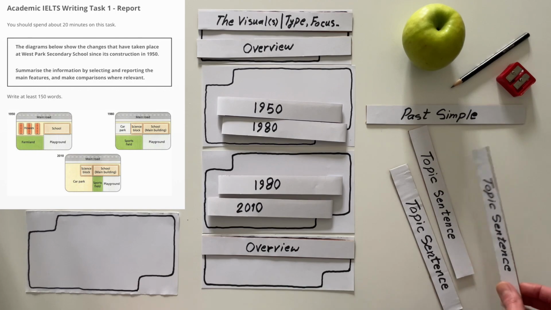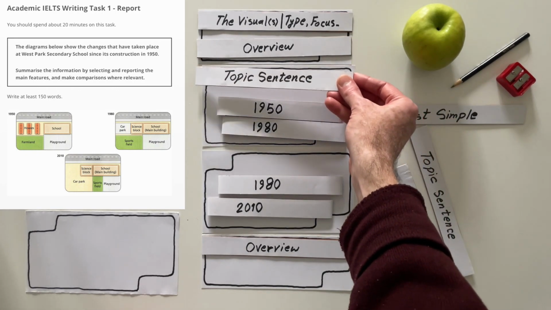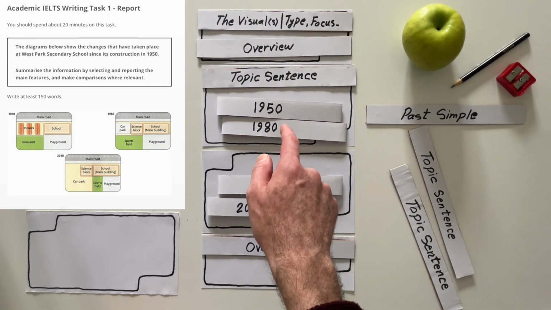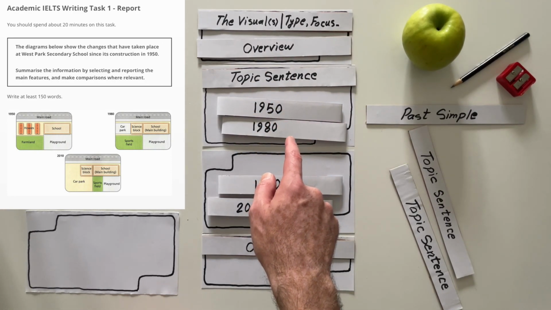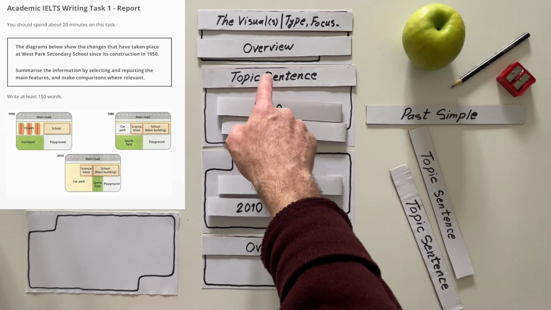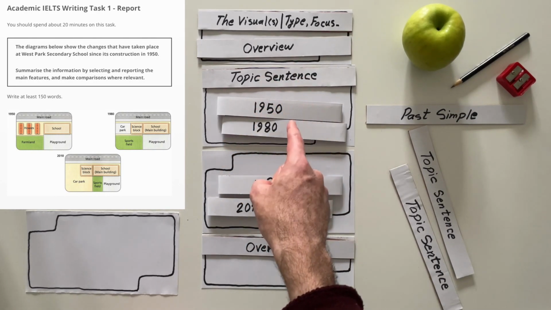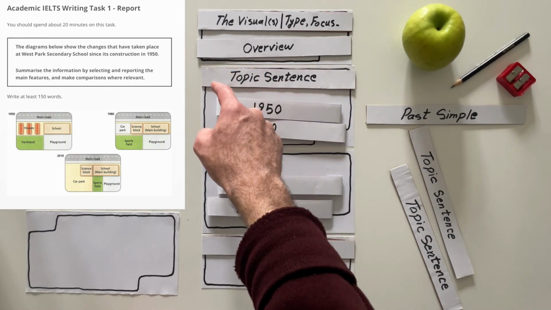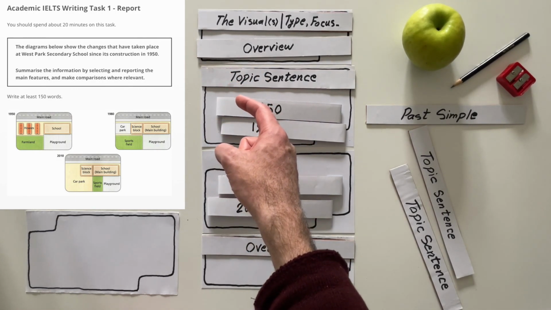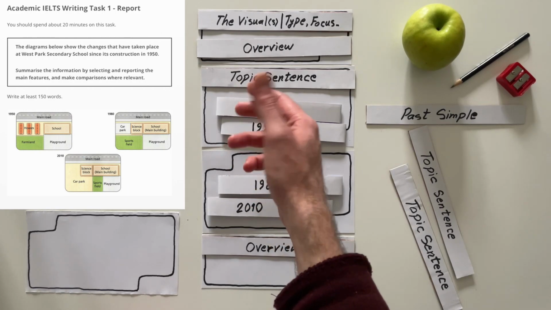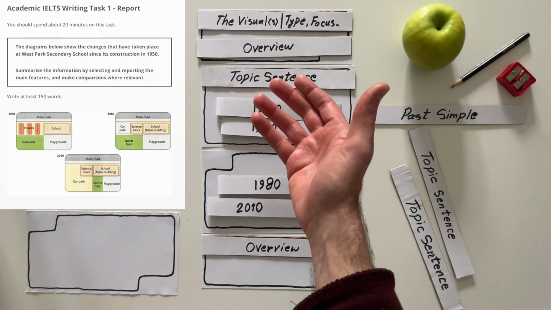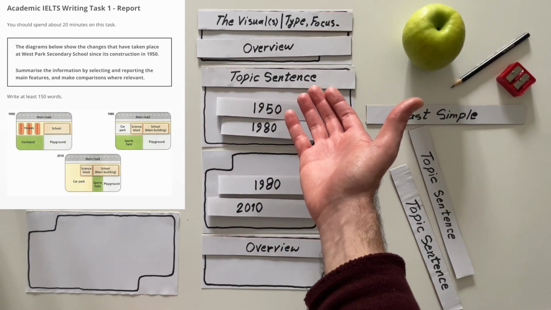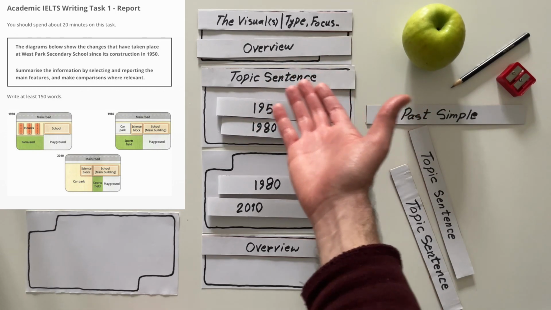Now, you need, of course, a topic sentence here that focuses on saying that basically in 1980, the houses that were to the west of that school building gave their place to a car park and a science block. That's one way to start this.